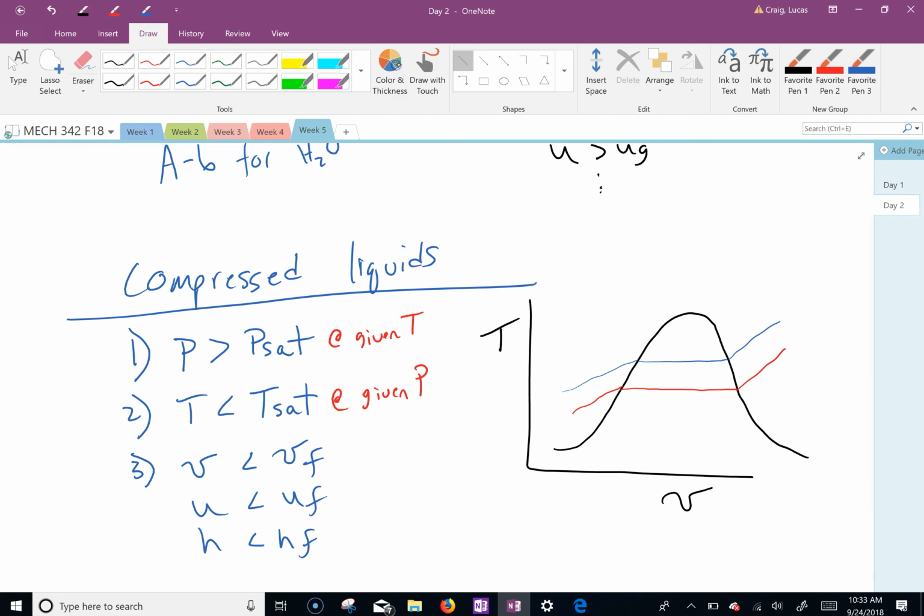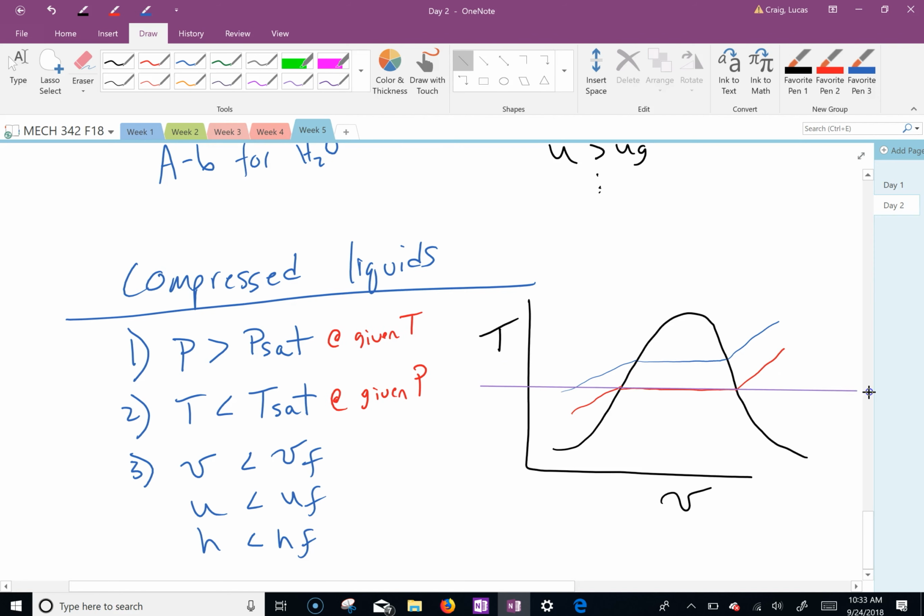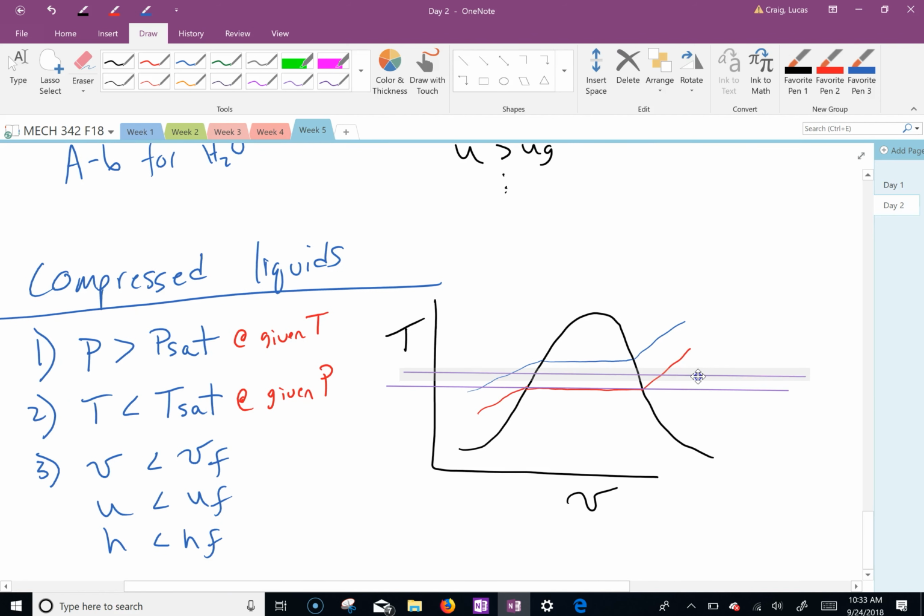And you said a horizontal line is constant temperature, so let's just draw. Let's do it right here, sure.